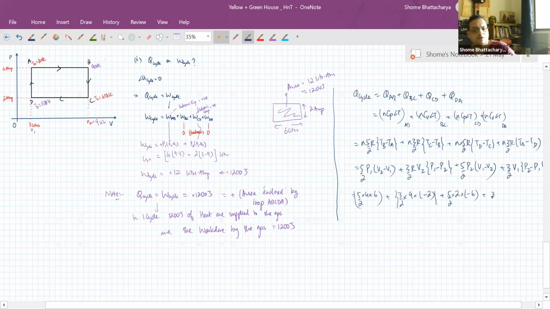Then again plus 3/2 times a volume of 3 liters, the pressure is increasing by 2 atmospheres. So this would be in liter atmosphere. If you do this calculation, even though it's lengthier, you will get the same answer finally.